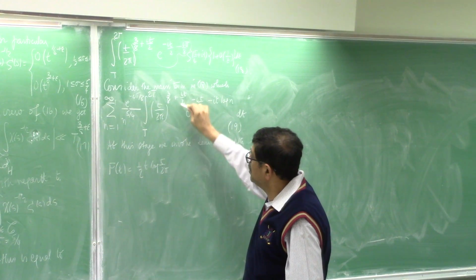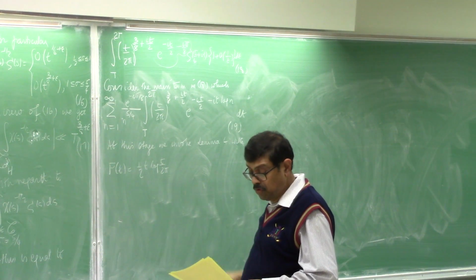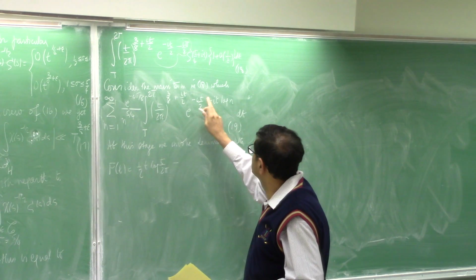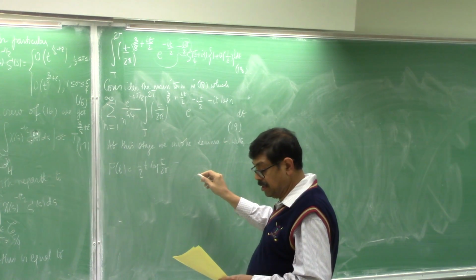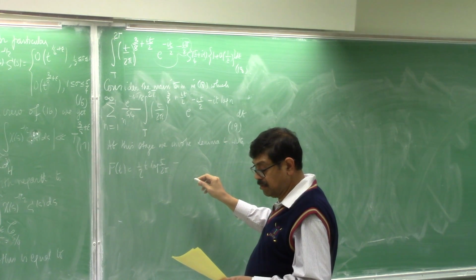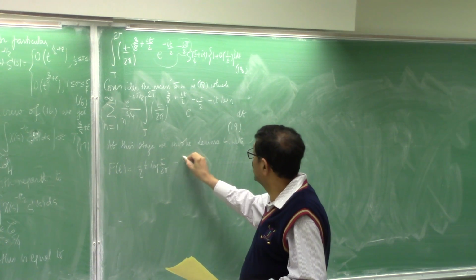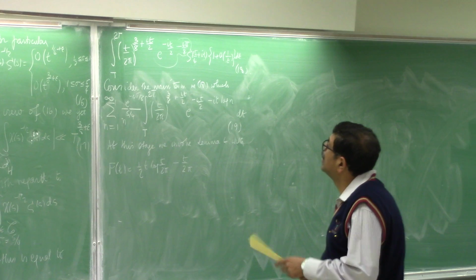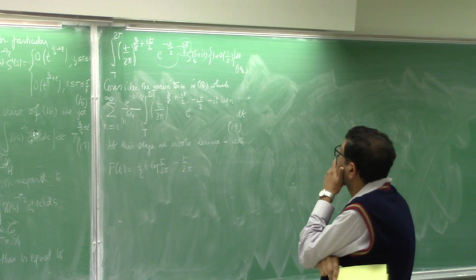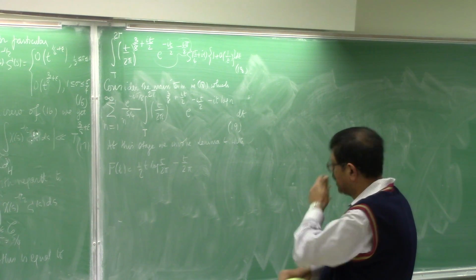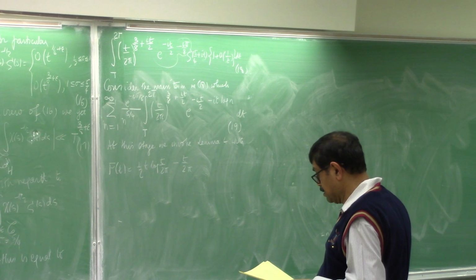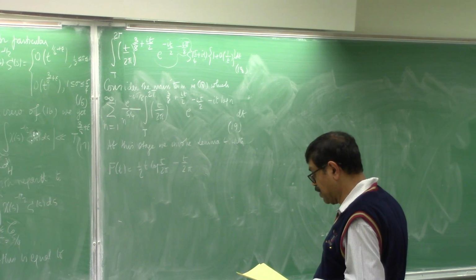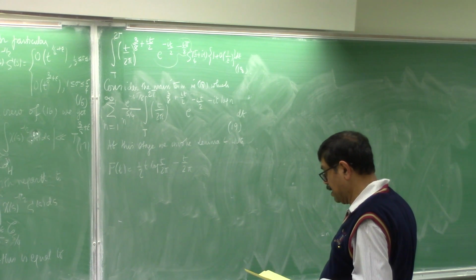So log 2, so it's t over 2, log t over 2 pi, minus t over 2 pi, minus f of t is 1/2 t log t over 2 pi.